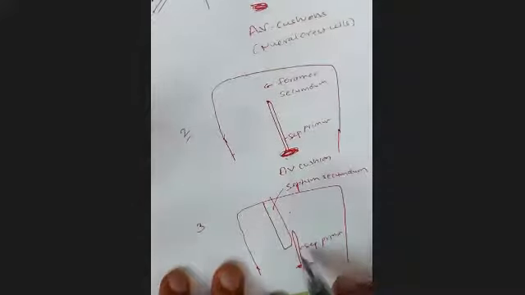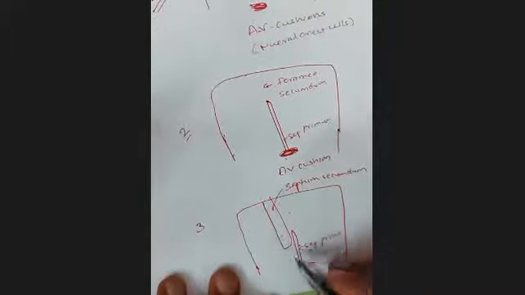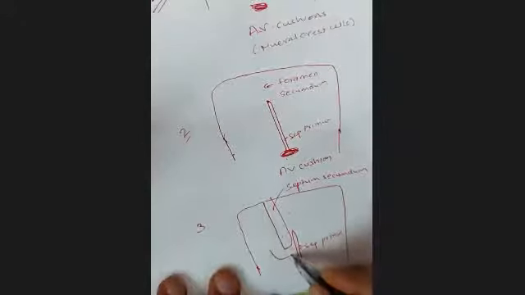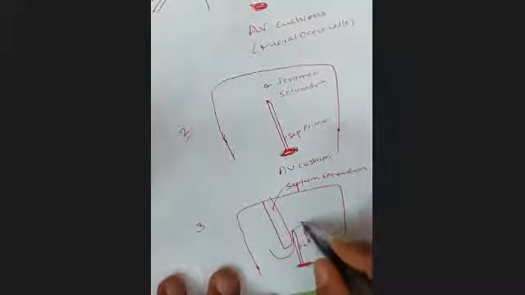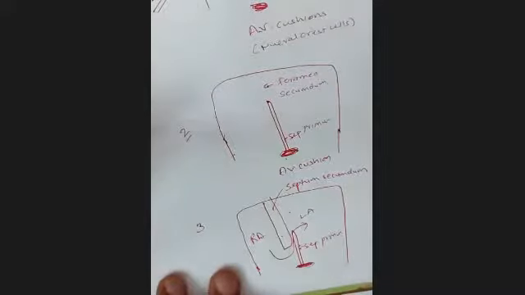Now you see, when I have drawn septum primum, it is so thin, and septum secundum is so thick. So basically, because septum primum is thin, the blood flows like this, pushing the primum from the right atrium to the left atrium.